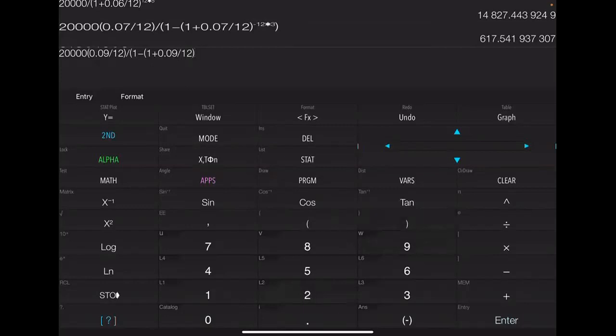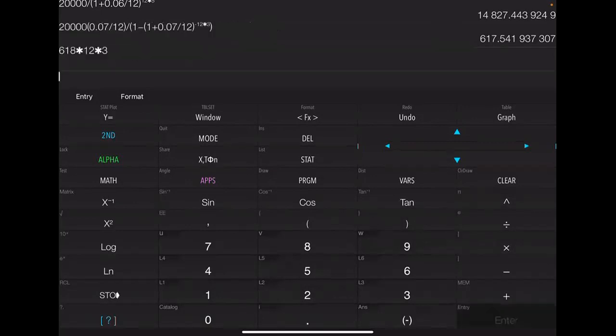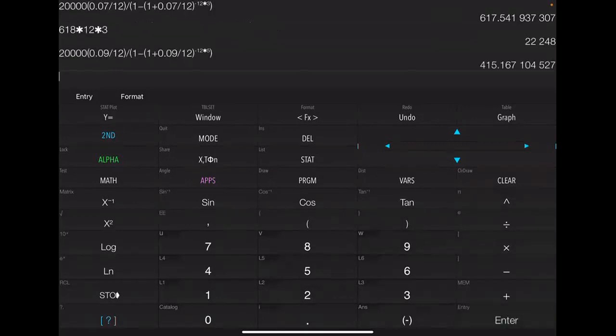Close the parentheses to the negative 12 times, that's 5 years, right? Let's see. I think it's good. Let's hit enter. Every month the PMT is $415. So I just copy it on my scratch paper.